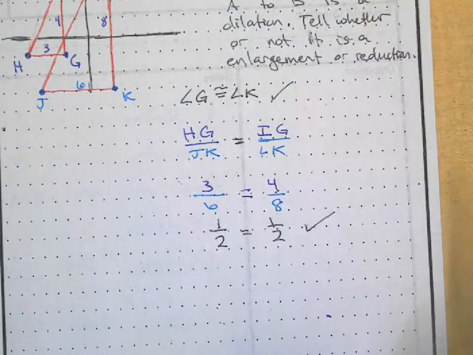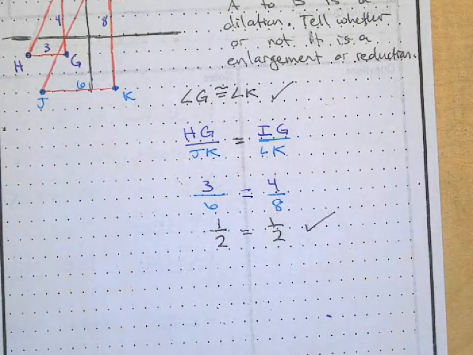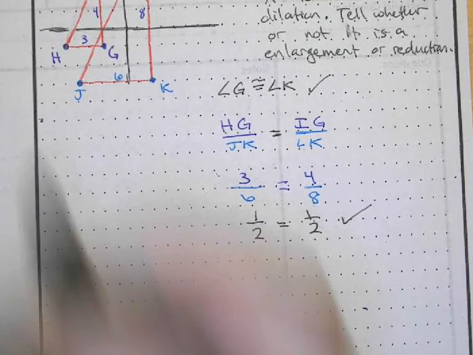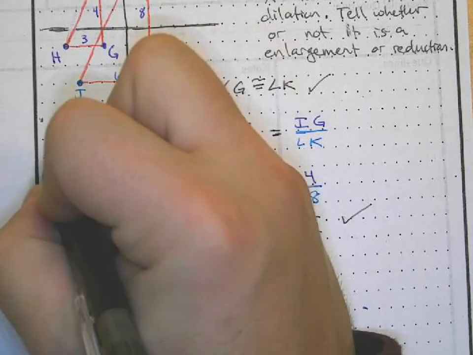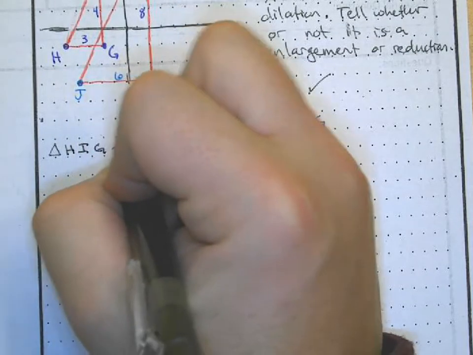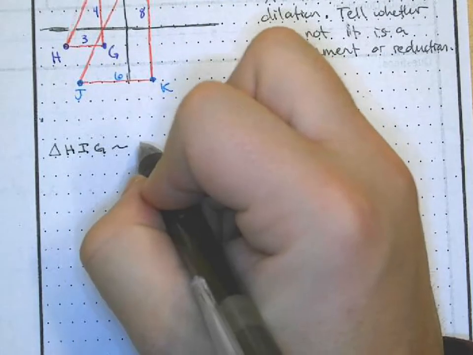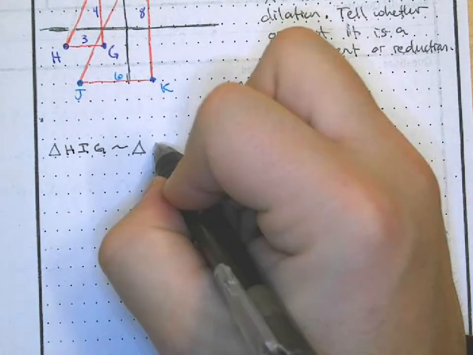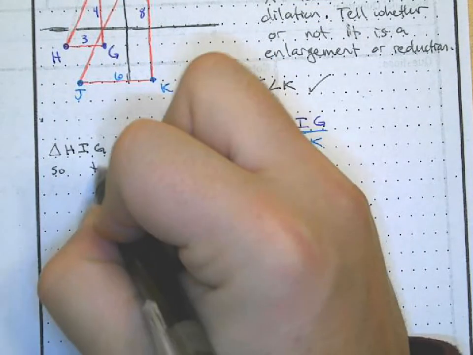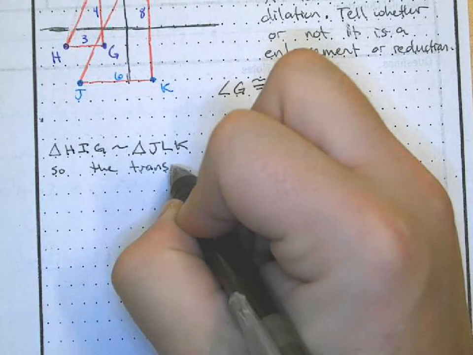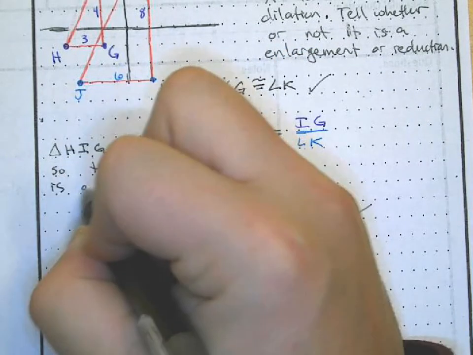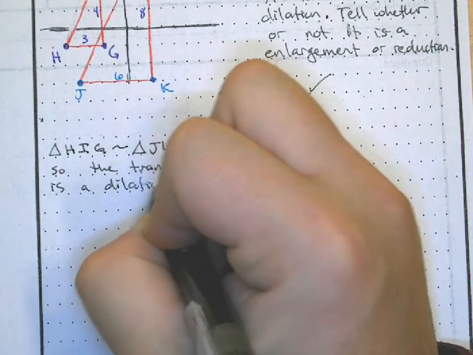So we got our proportionate sides, we got our angles, so we can say triangle HIG is similar to triangle JLK. So the transformation is a dilation.